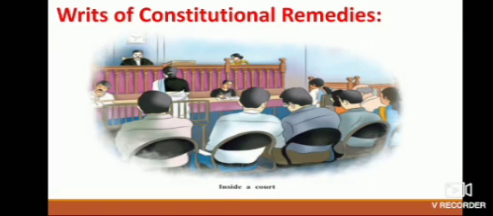They can fulfill their roles as alert, responsible, and active citizens. While considering fundamental rights, we also need to remember our duties. In the next chapter, we shall study our fundamental duties. Thank you.